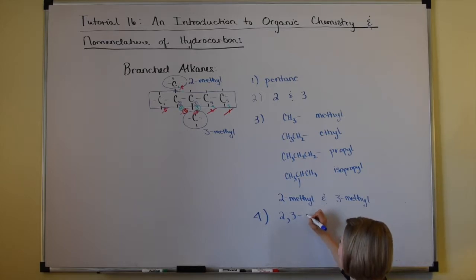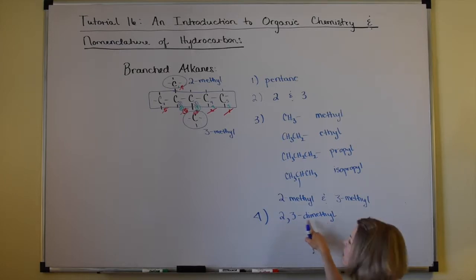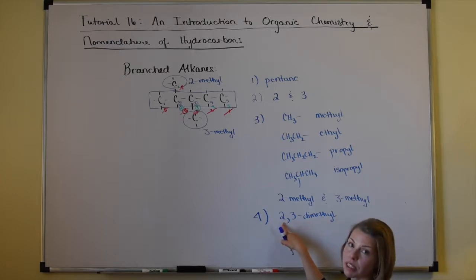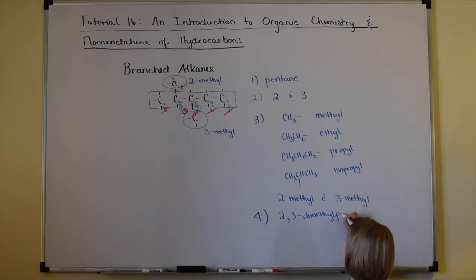So 2,3-dimethyl. Okay. So dimethyl, there's 2 methyl groups. Where are they? One's off of the second carbon of our longer branch, and one is off the third carbon of our longer branch, and it's a dimethyl pentane, all one word.